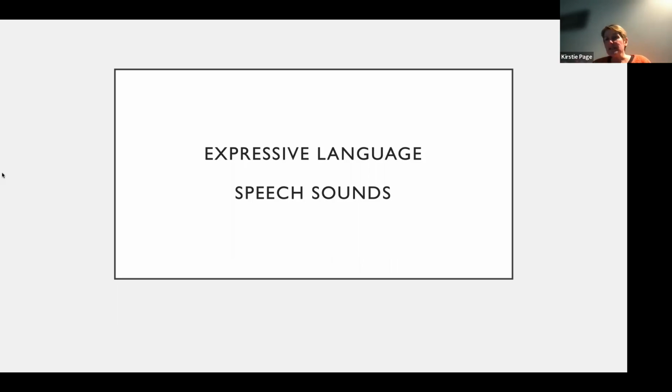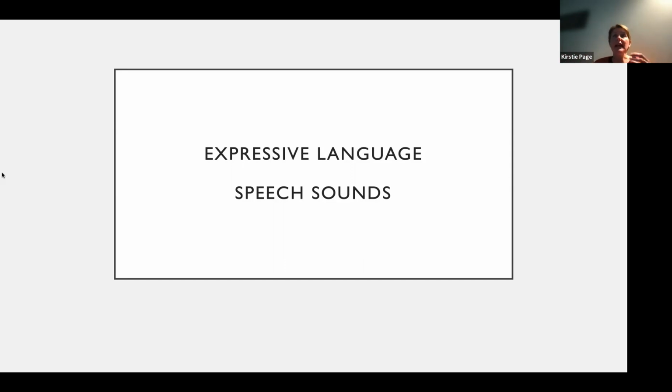If I do miss sounds off, if I do swap sounds for one another, is that what you would expect to hear in speech sound development for a child my age? Or is it that actually I'm presenting with speech sound omissions and changes that you would expect to hear in younger children, or that my sound changes are more extensive? So we'll come to that.